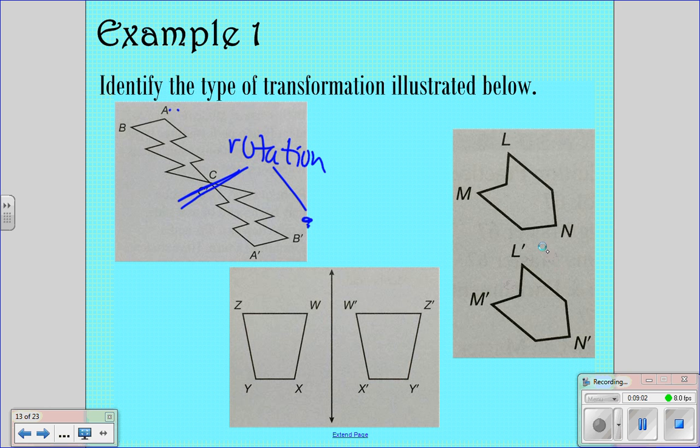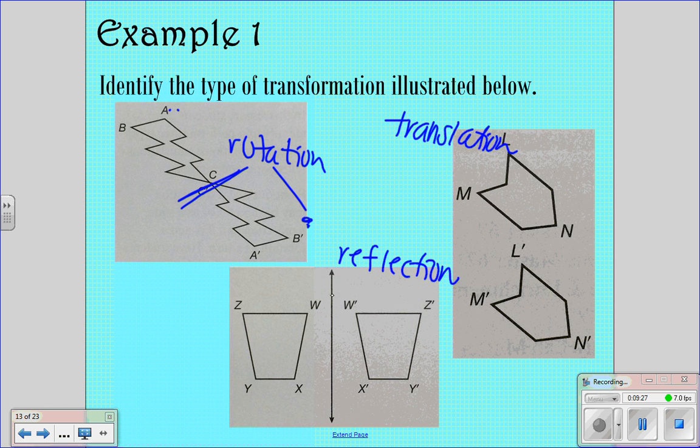This one here, we just took our figure and we pushed it down. We slid it down. That is called a translation because we just slid it down a little bit. And then this bottom one, they even drew in the line of reflection. So it's called a line of reflection. It's called a reflection.